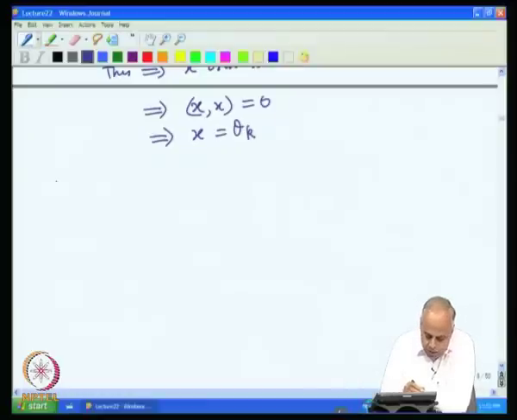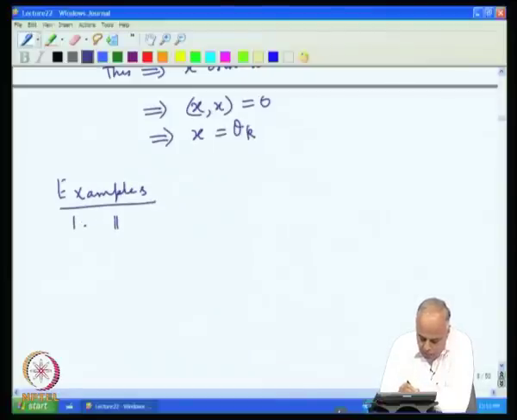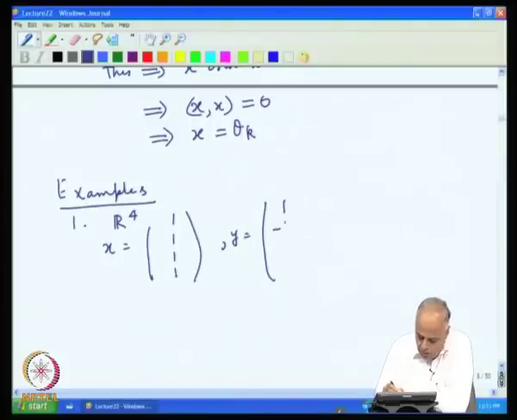Let us look at some simple examples of this orthogonality. Let us consider R 4. Consider the vector x equal to (1, 1, 1, 1) and y equal to (1, minus 1, 1, minus 1).